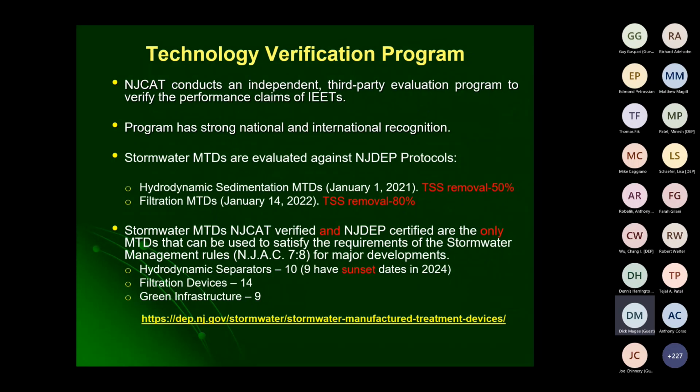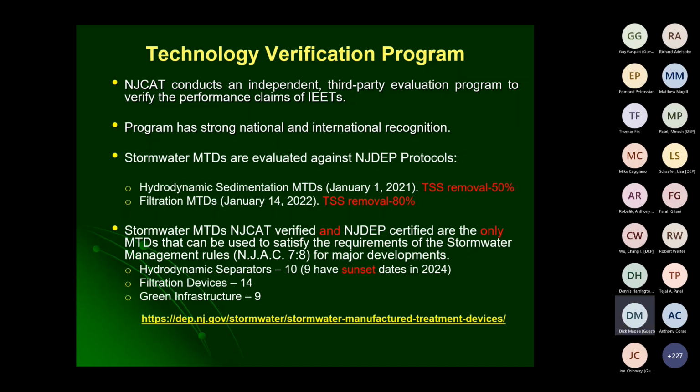And what does that mean? They were technologies that were verified and certified under the old protocol from 2013, which we determined by implementing it had flaws, and therefore they were all given some period of time to recoup their costs. But if they want to continue to have their technology utilized in New Jersey, they have to retest against the new protocol.